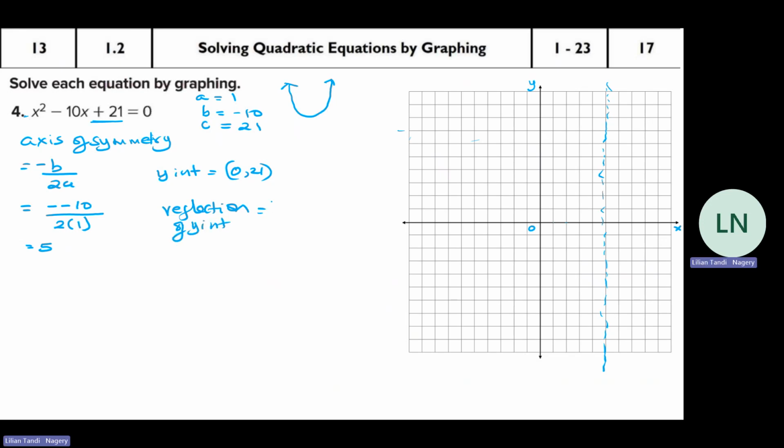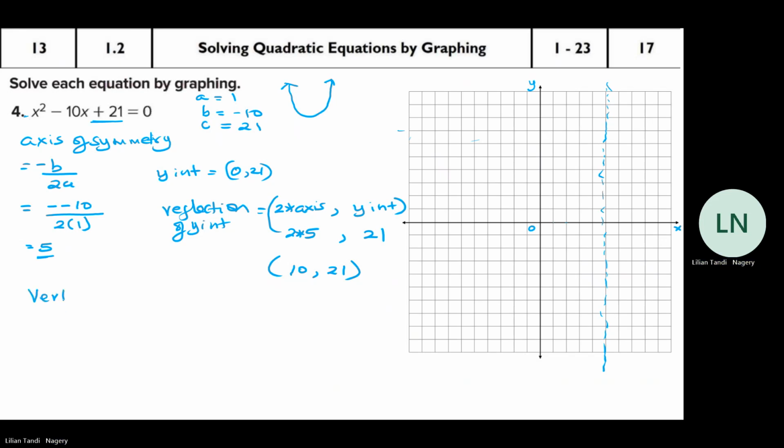Reflection of y-intercept is 2 times the axis, and here is the y-intercept. So y-intercept is 21, axis is 5. So you're going to do 2 times 5, which should give you 10. So 10, 21.